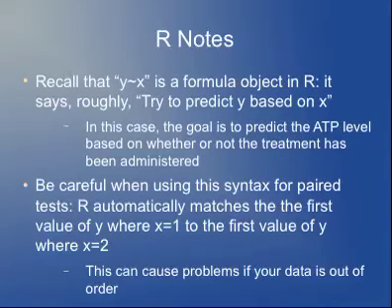In other words, the first row where x is equal to 1 has to correspond to the first row where x is equal to 2, and the second row with x equals 1 has to correspond to the second row with x equals 2, and so on. In this particular data set, the first row where treatment equals pre has to correspond to the same rat where treatment equals post.